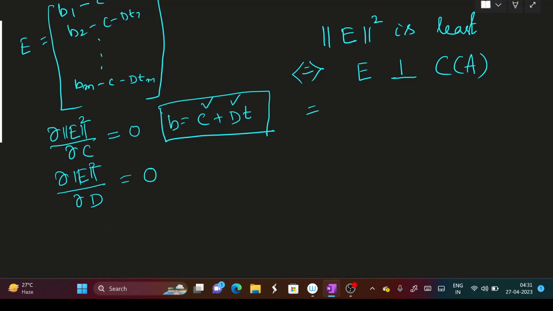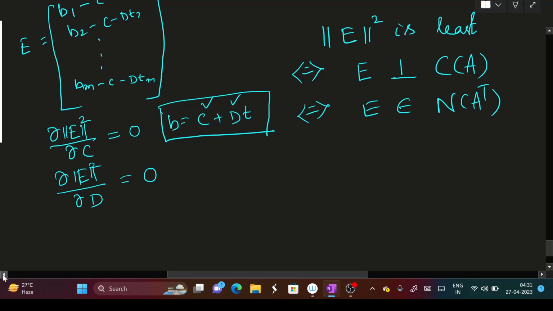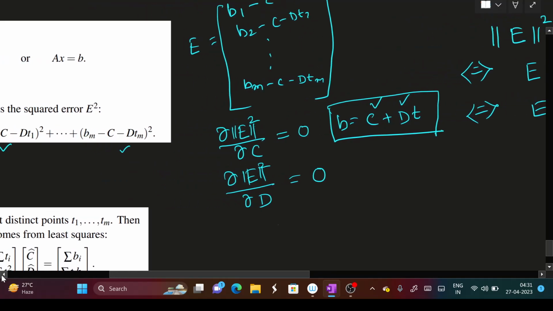So this implies that E belongs to the null space of A transpose. Already we have derived and proved this part.